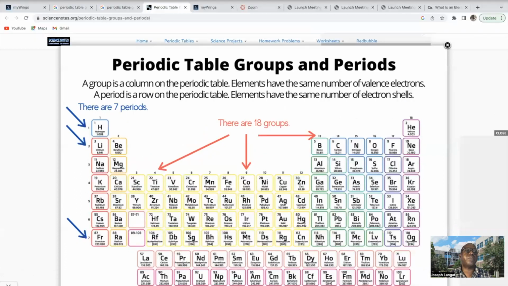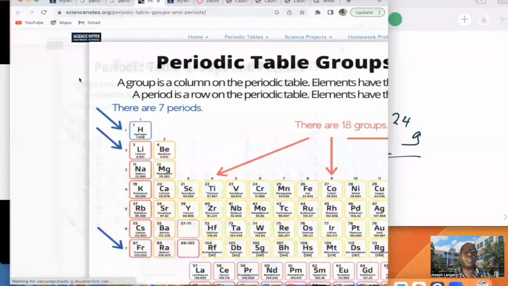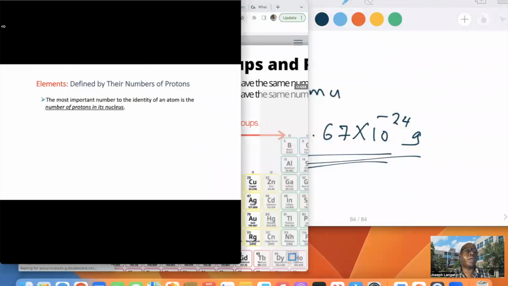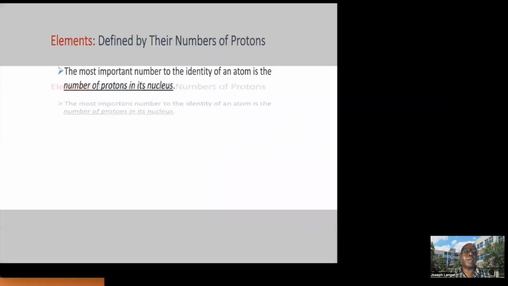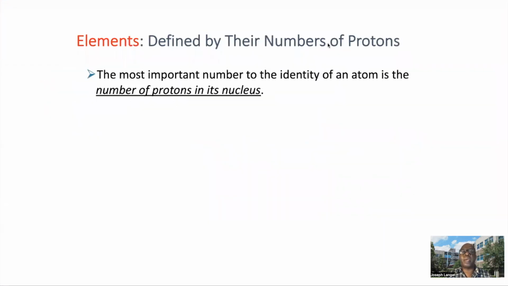I want you to know what is meant by elements being defined by the atomic number of protons. So the number of protons in the nucleus equals the atomic number on the periodic table.